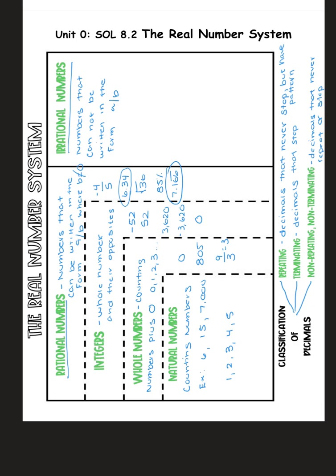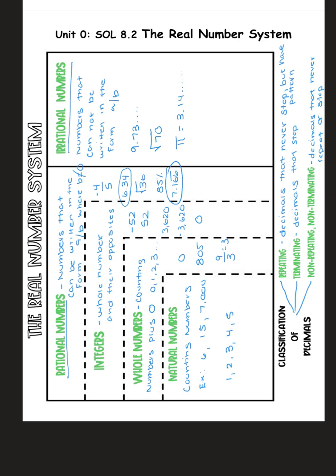For example, we have 9.73 followed by dots. Anytime you see those dots behind it, it's saying that the decimal is continuing on and on. If we take the square root of 70, we're going to have a decimal that is not going to stop. A very popular example of an irrational number that you'll work a lot with is pi. Remember, pi is 3.14, and it continues on and on.